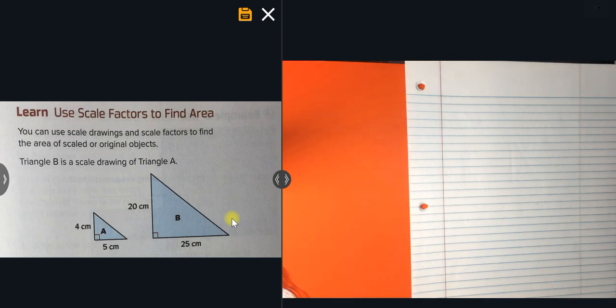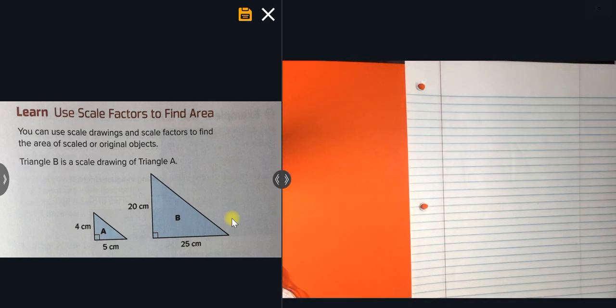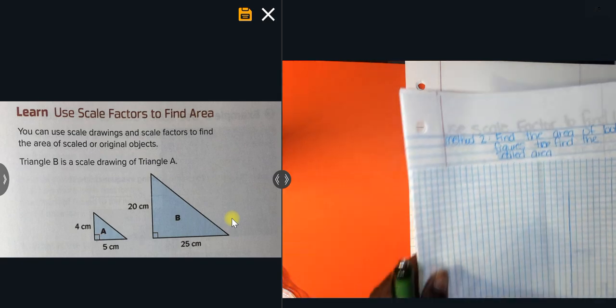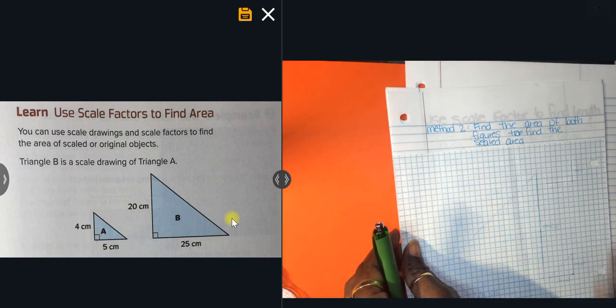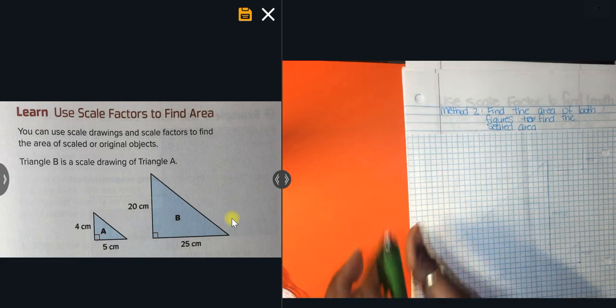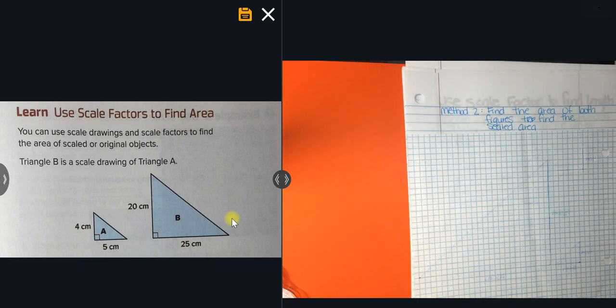All right, so on the second example, we're going to find the area of both figures, and then we'll be able to find the scaled area.